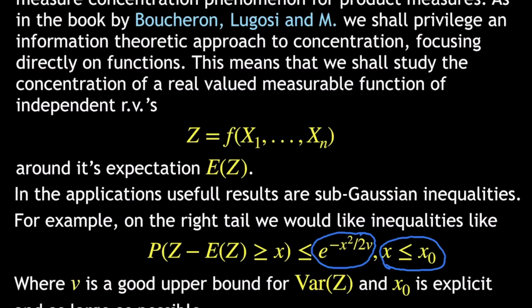More generally, we shall be able to prove inequalities which are sub-Gaussian, but in a bandwidth. And of course, we expect the end of the bandwidth, the supremum of the bandwidth, x null, to be as large as possible. But we shall leave that it is an explicit value. Okay, so this is the kind of result that we shall try to prove.